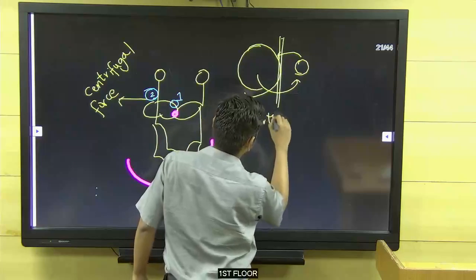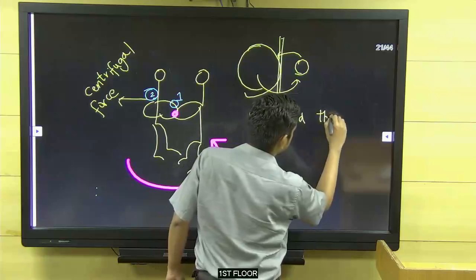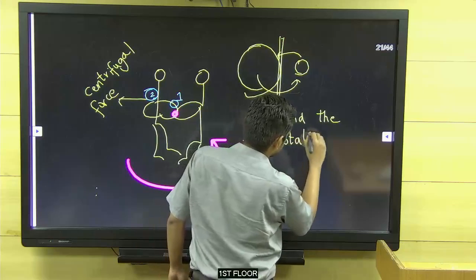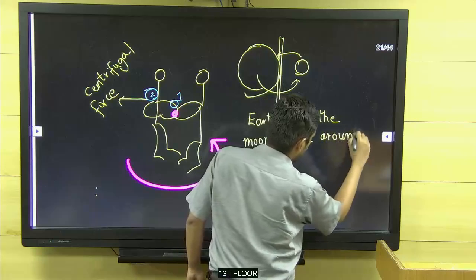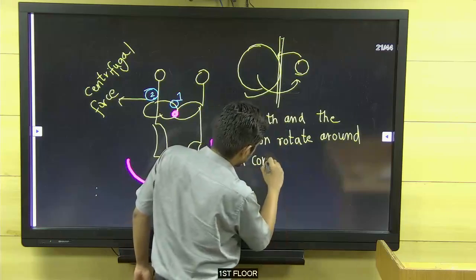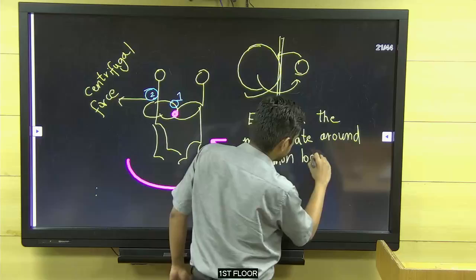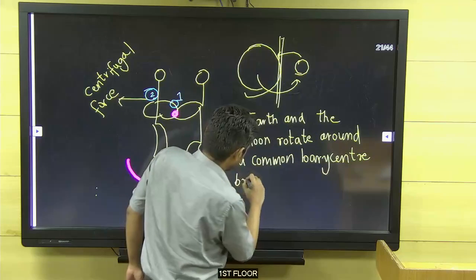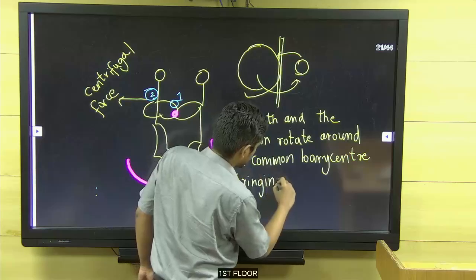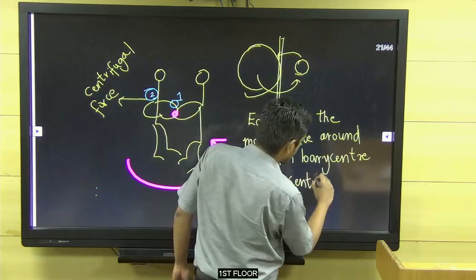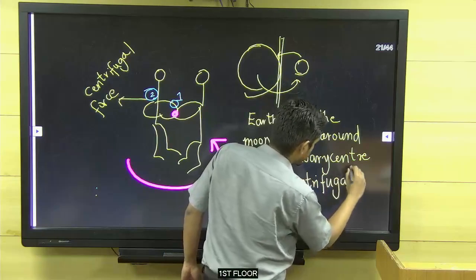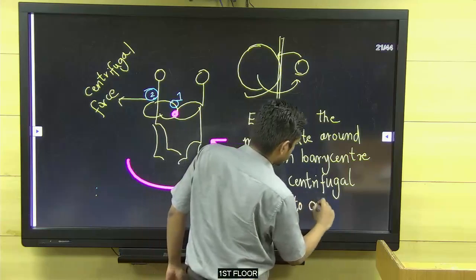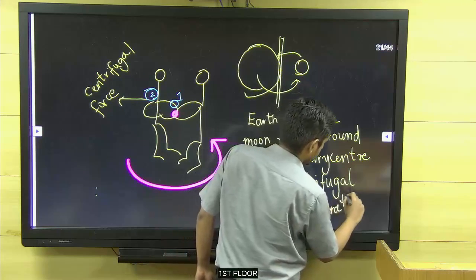Earth and the moon rotate around a common barycenter, bringing centrifugal force into operation. Full stop.